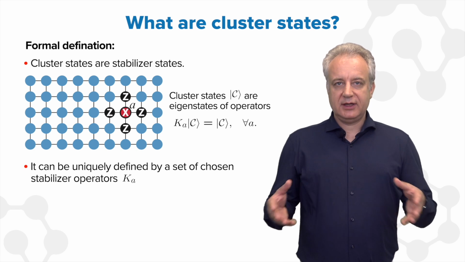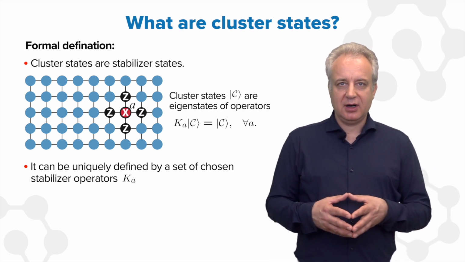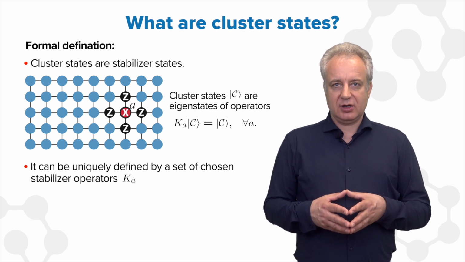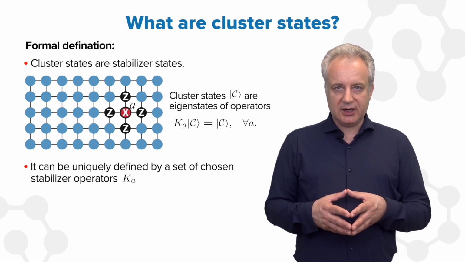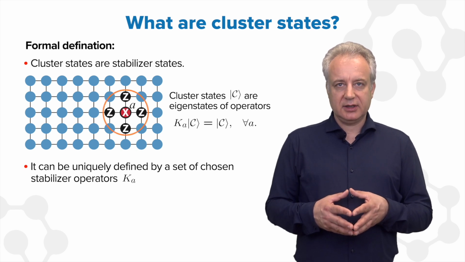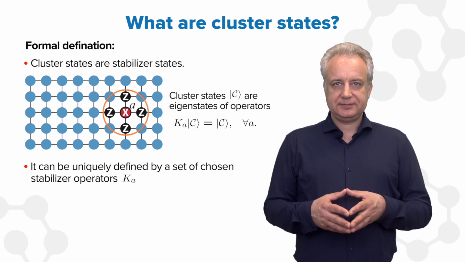What remains to say, and this is now the cluster-state-specific part, is what these stabilizer operators look like. This is shown in the figure. The label a in this operator K_a is a site label. It labels a site in the lattice. The corresponding operator looks like this.